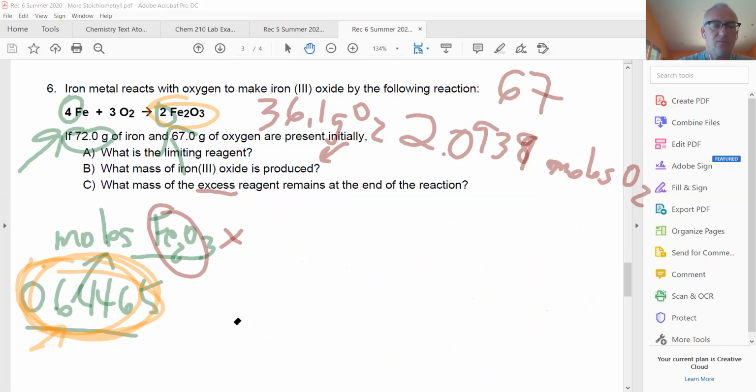We take 30.94 multiplied by molar mass. You said you want to know how many moles we consume from O2? Yes.